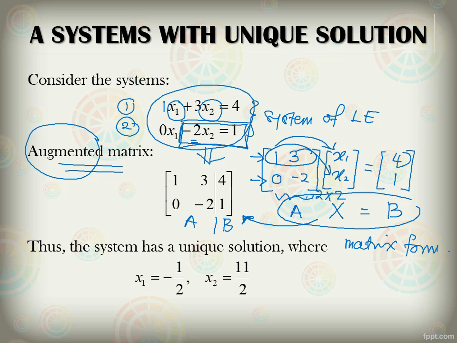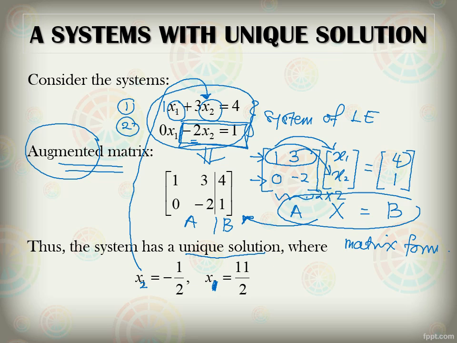From here, this system has a unique solution, because if you solve for x2, x2 is equal to negative 1 over 2. When you substitute x2 into your first equation here, you will solve for x1, where x1 is equal to 11 over 2.